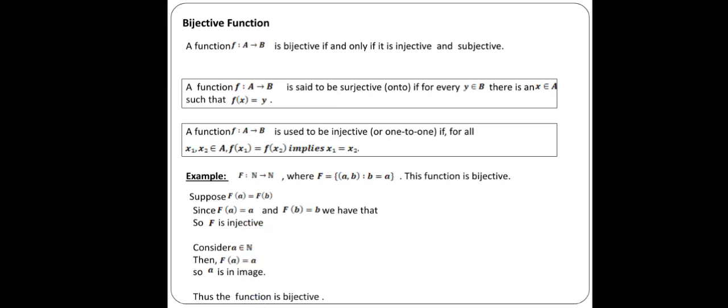To do this, consider that a is an element of natural numbers, then f of a is equal to a, so a is in the image. Thus, the function is bijective.